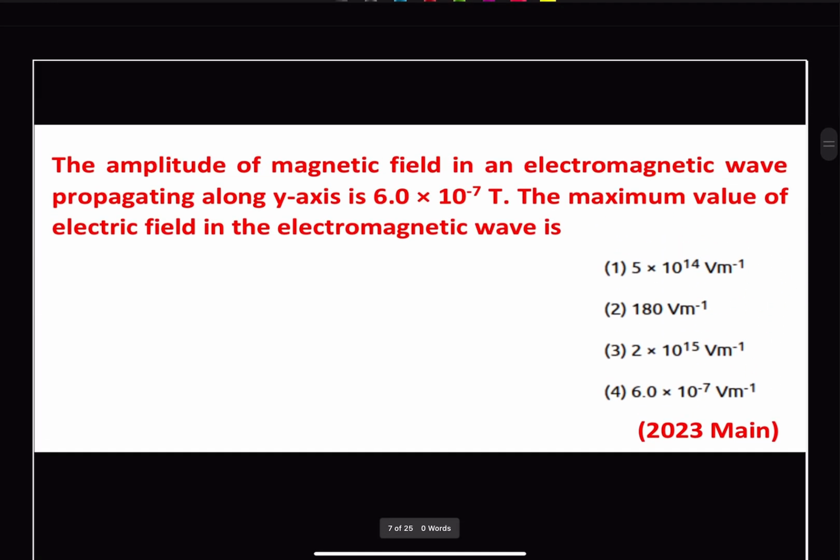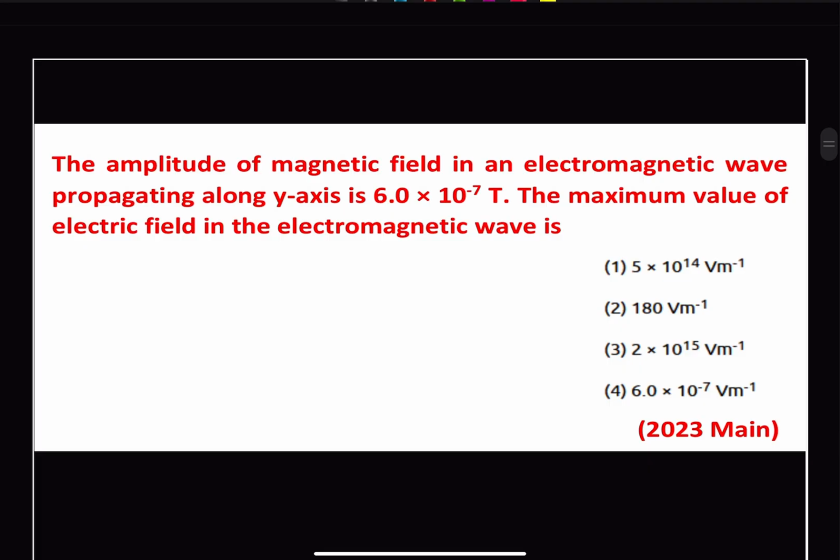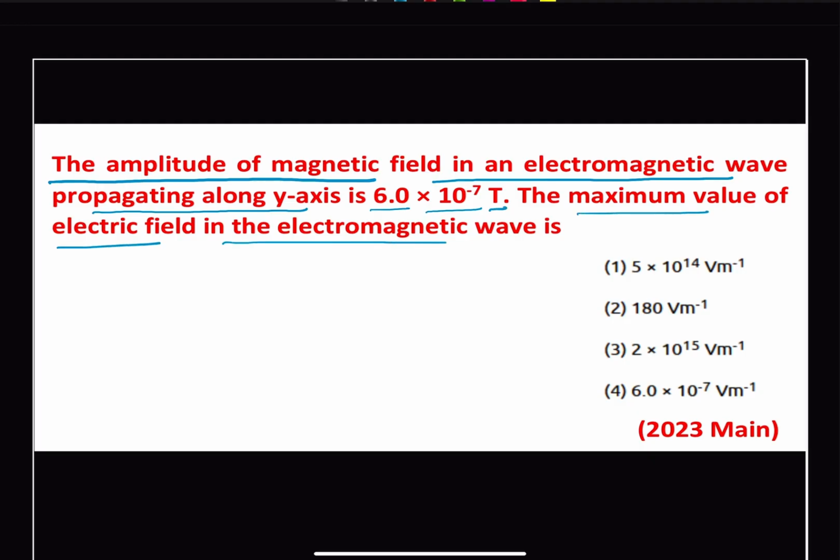Next question. It states that the amplitude of the magnetic field in an EM wave propagating along the y-axis is 6.0 into 10 to the power minus 7 Tesla. The maximum value of the electric field in the electromagnetic wave is?